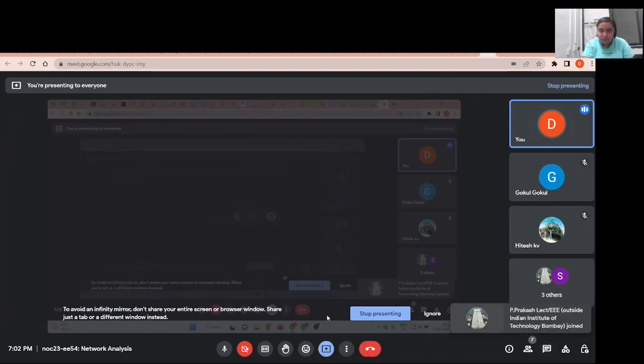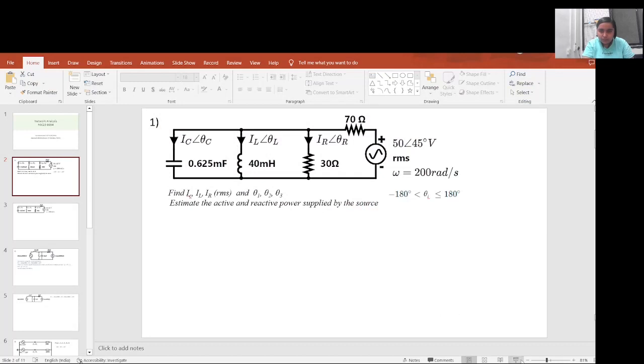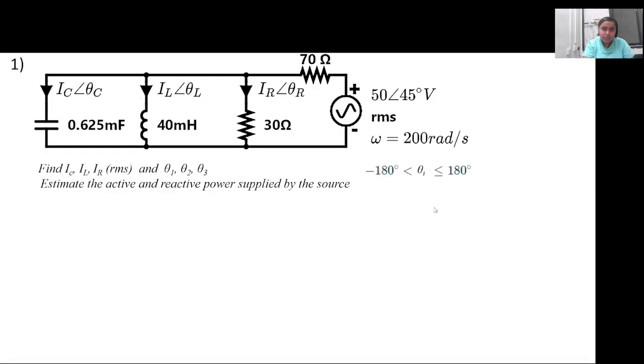So could you guys try this one out? Anyone wants to suggest how we should start? You can unmute and speak or put it in the chat box.